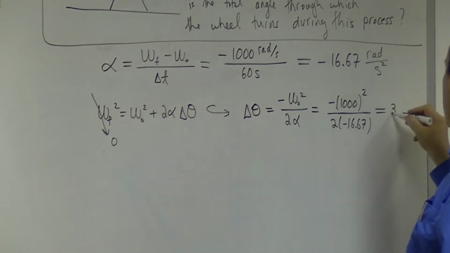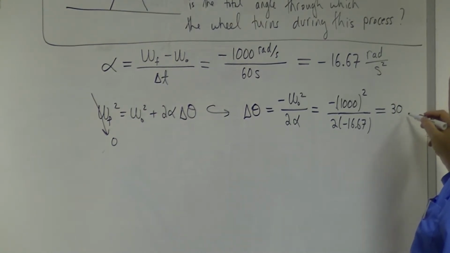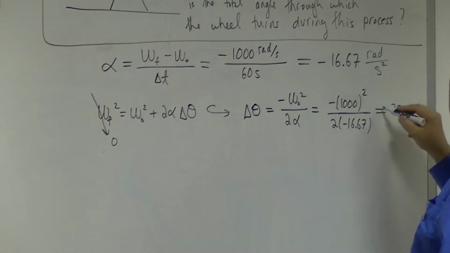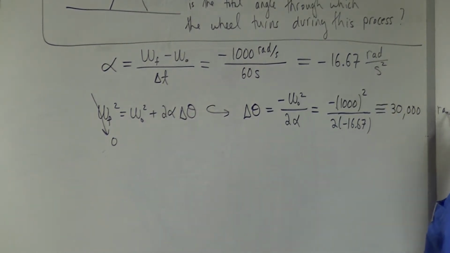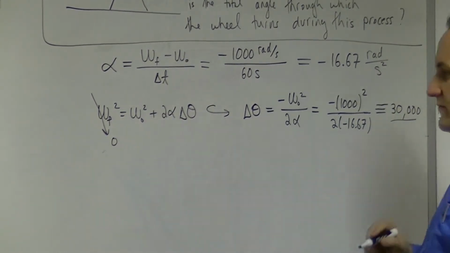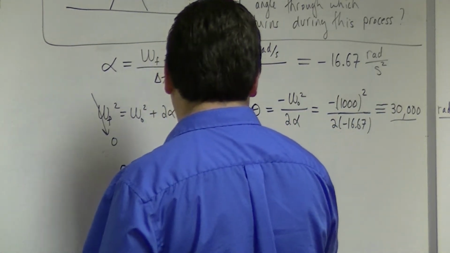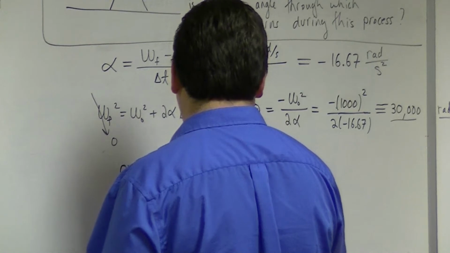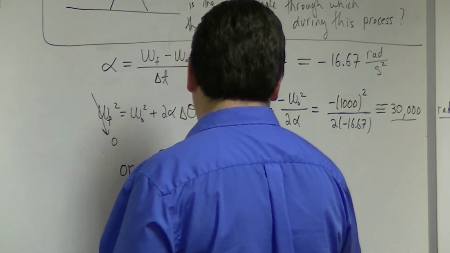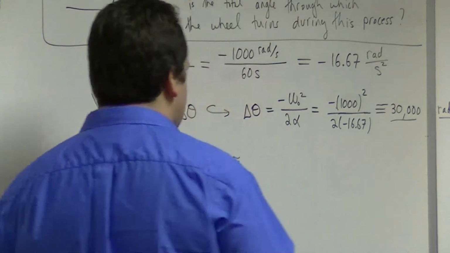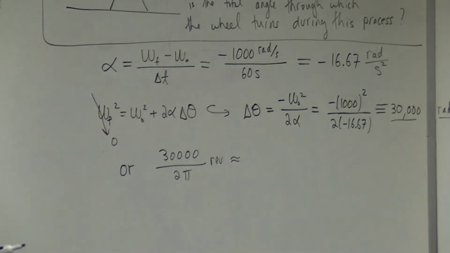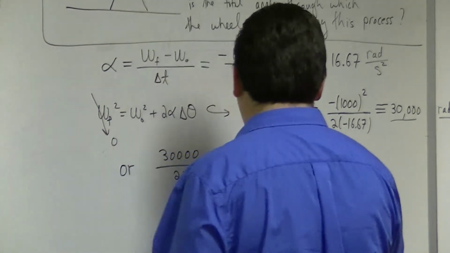I used the more exact version, it would round to 30,000 radians. So how many revolutions? 4,774.